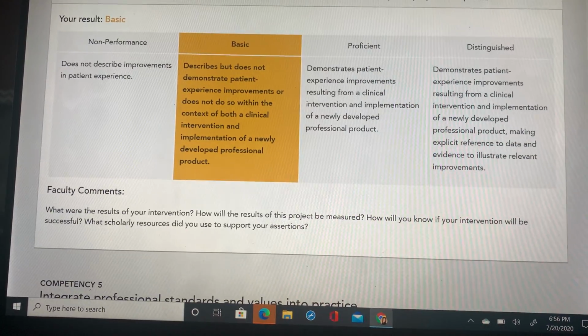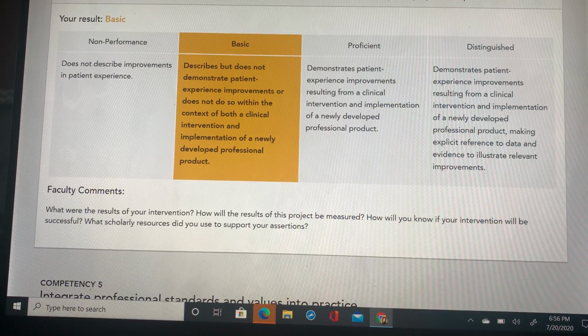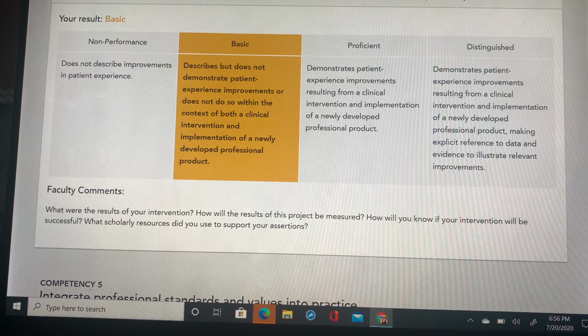So basic. Describes but does not demonstrate patient experience improvement, or does not do so within the context of both clinical intervention and implementation of a newly developed professional product. What were the results of your intervention? How will the results of this project be measured?